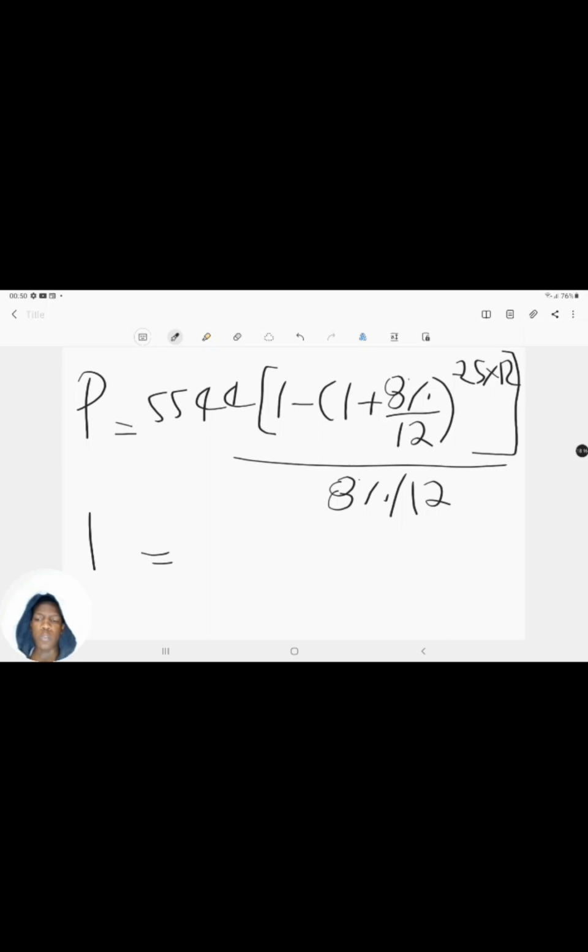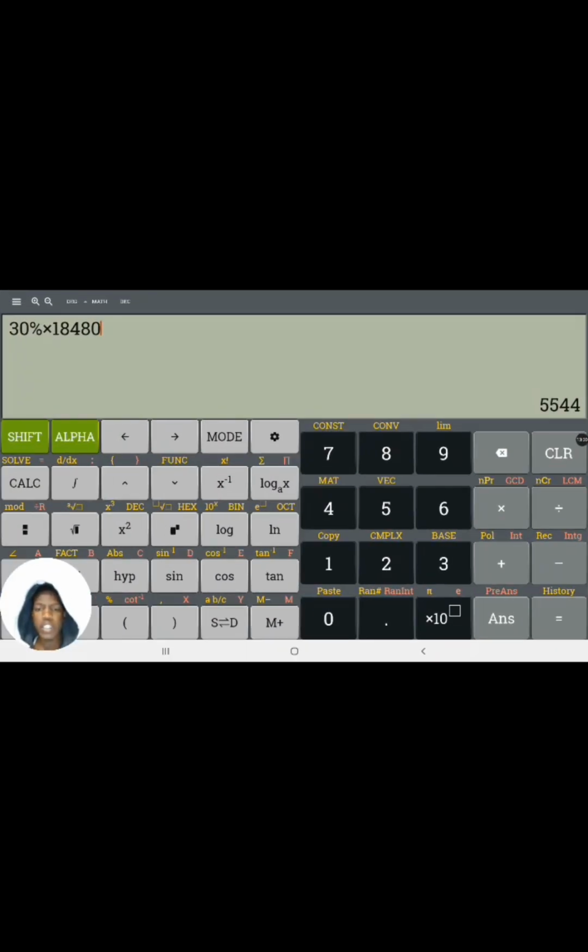If I'm going to punch this into my calculator, I will have 5544 open bracket 1 minus open bracket 1 plus 8% divided by 12, because it's compounded monthly.